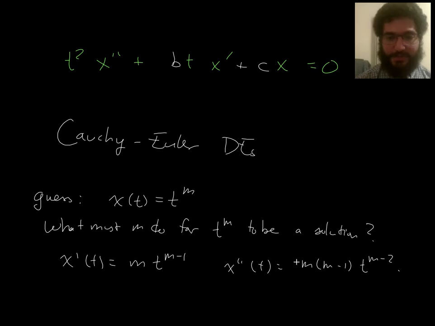And are you seeing why this is good? So when I substitute these in, there's going to be a t squared multiplied by the t to the m minus 2. There's going to be a t multiplied by the t to the m minus 1. And there's just going to be a t to the m there. So there's going to be an overall factor of t to the m, which will cancel away. So that's the reason for that guess.